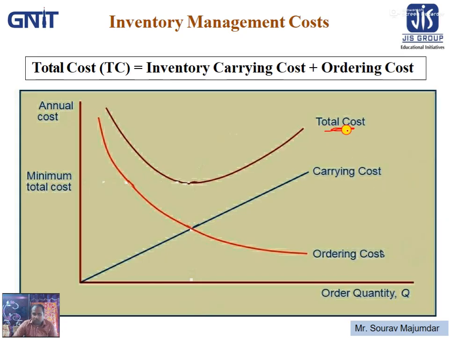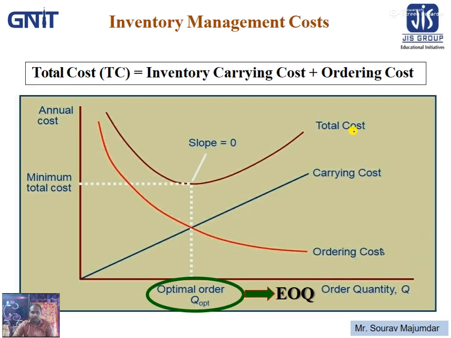This point shows the minimum total cost, and the dotted line on the y-axis indicates the minimum total cost.